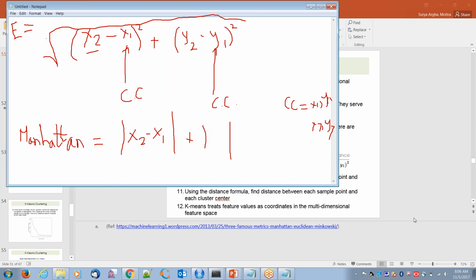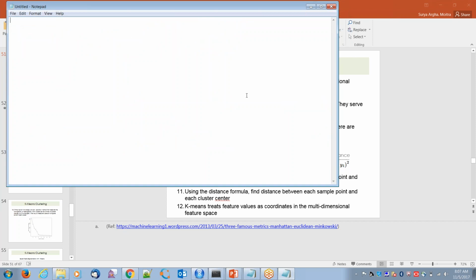Now there is one more distance, which is actually the true formula, called the Minkowski distance. Euclidean distance and Manhattan distance are both variations of the Minkowski distance. Let's see the Minkowski distance.